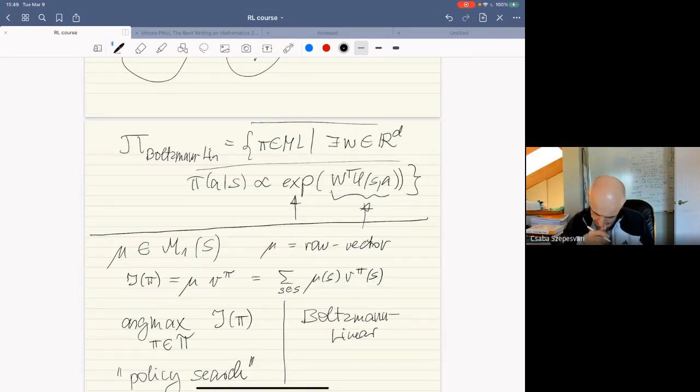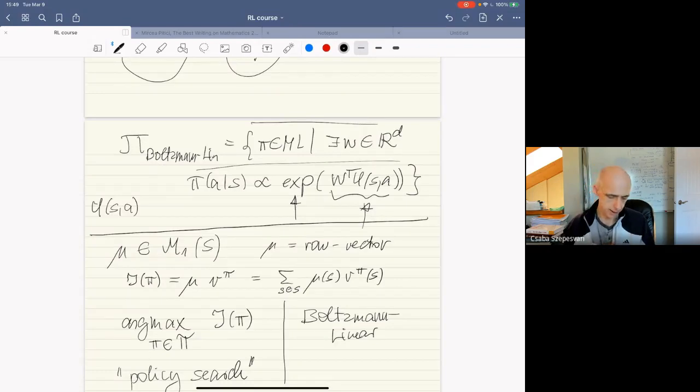And then you get an interesting class. Well, if you were doing state aggregation, for example, so phi SA is this feature vector for every action A for the states, which just differentiates whether the state belongs to a group, so state aggregation.